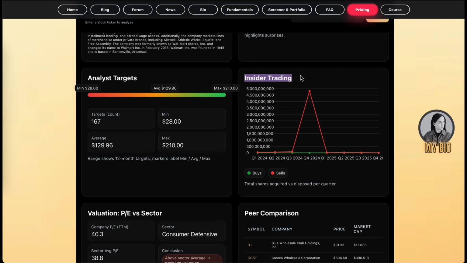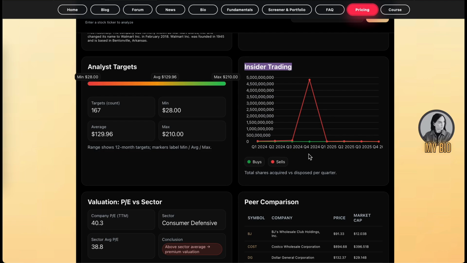So with Walmart, you see that almost 5 billion shares were sold in the fourth quarter of 2024. It is a huge number. And if you see a lot of sales, that's a bad indication for the Walmart share.